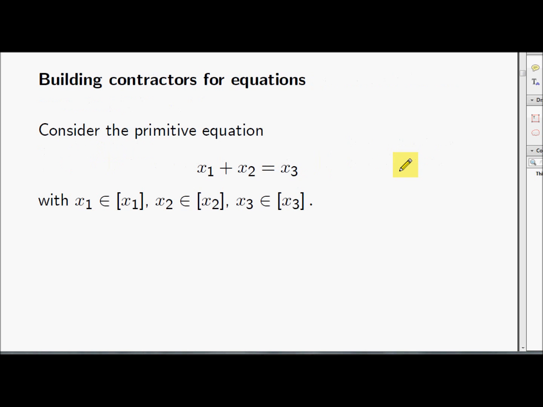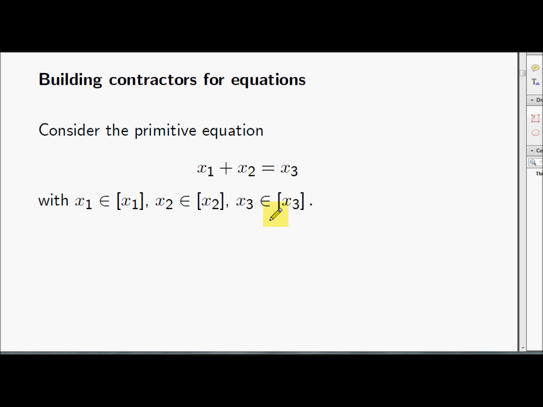How can I build a contractor for equations? Most of the time I have to use interval analysis. I will show how it works in a very simple example. The equation I consider here is x1 plus x2 equals x3.